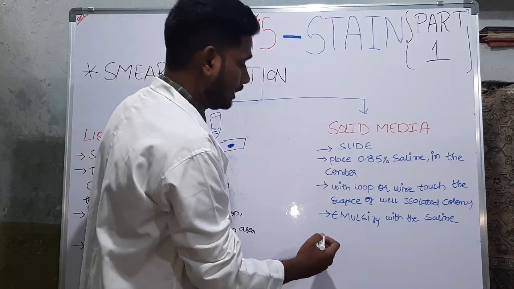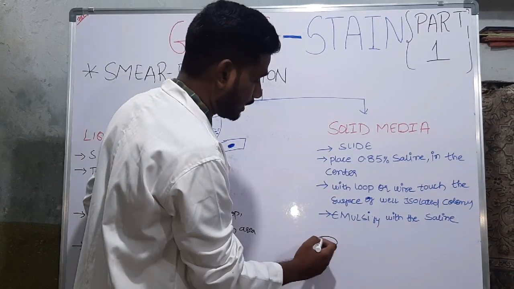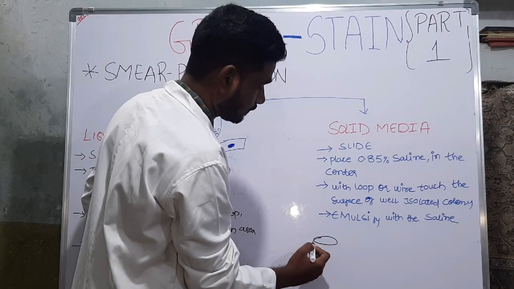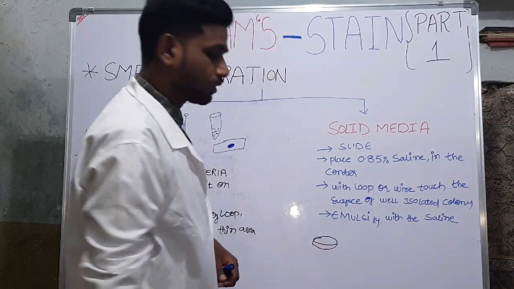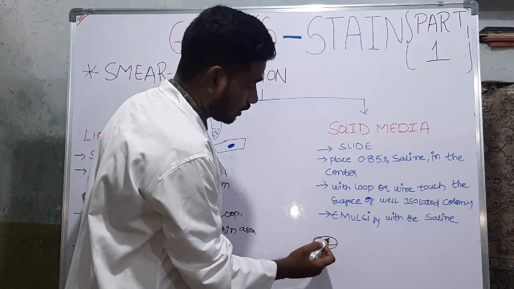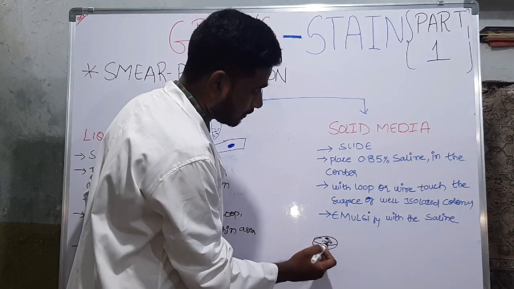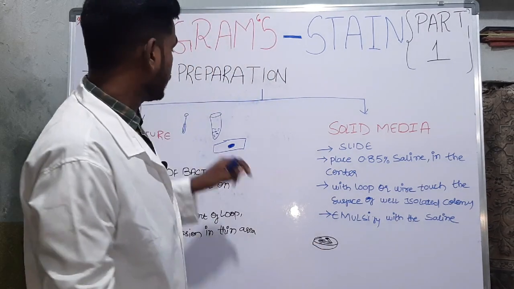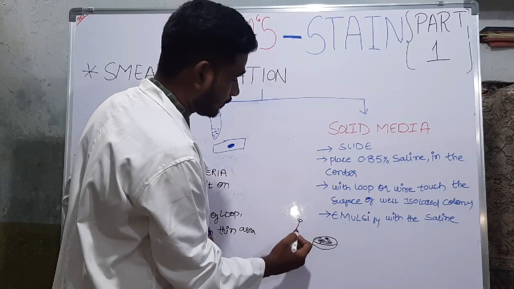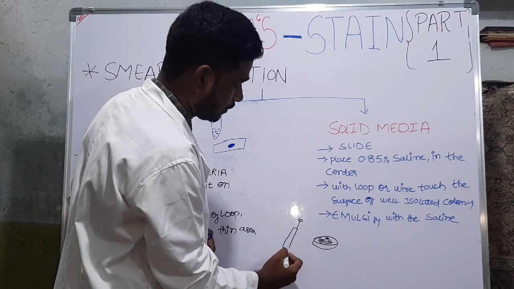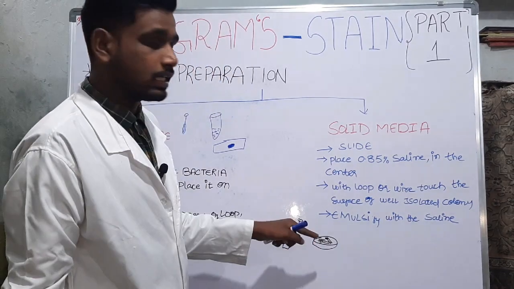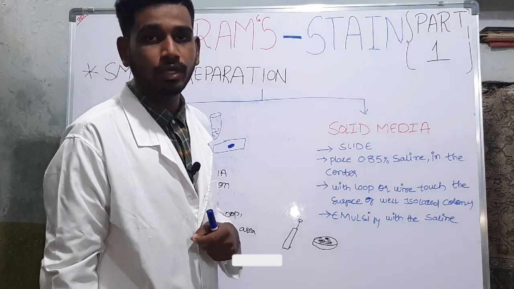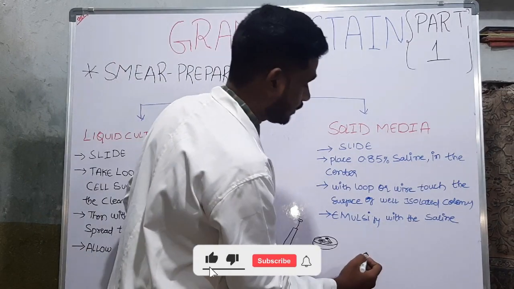So, this is your culture media plate where the growth of the bacteria has taken place. By using this nichrome wire loop, take a small amount of a well isolated colony, then take a slide.